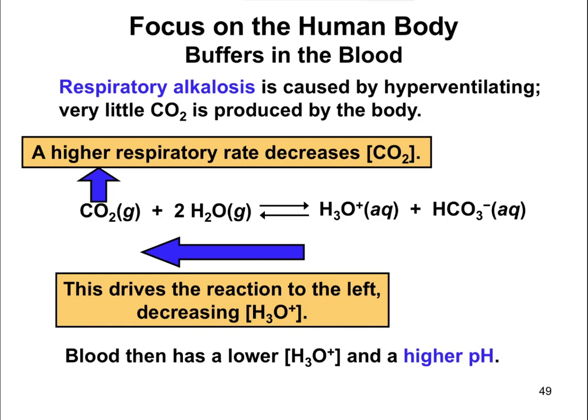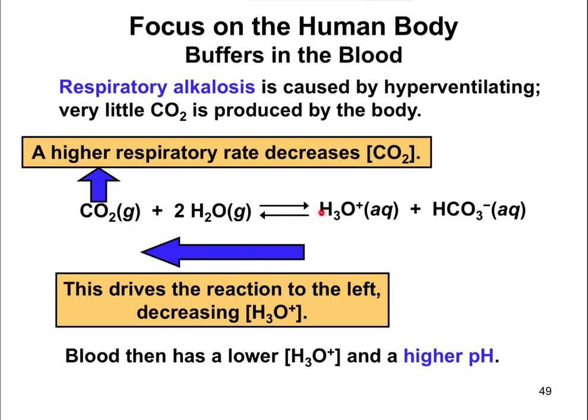The opposite is respiratory alkalosis. Respiratory alkalosis is what happens when you hyperventilate. When you hyperventilate, you start breathing really, really fast, so you get a higher respiratory rate. Whenever you breathe really fast, you're getting rid of all of your CO2. Since you're getting rid of all of your CO2, this equilibrium gets disturbed. You take CO2 out of this equation, and the process is going to be driven to the left.